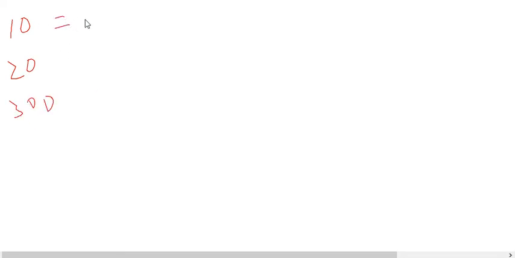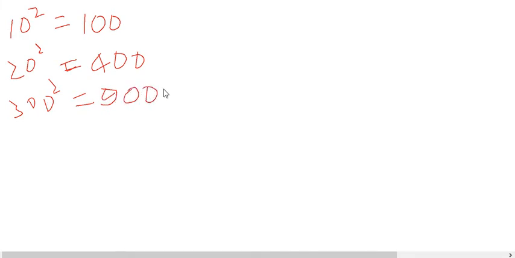Just calculate the square of 1, put the double of zeros. Square of 2, put two zeros. Square of 3, put four zeros, double of zeros at the end. So this is how we calculate the square of a number ending with zeros.